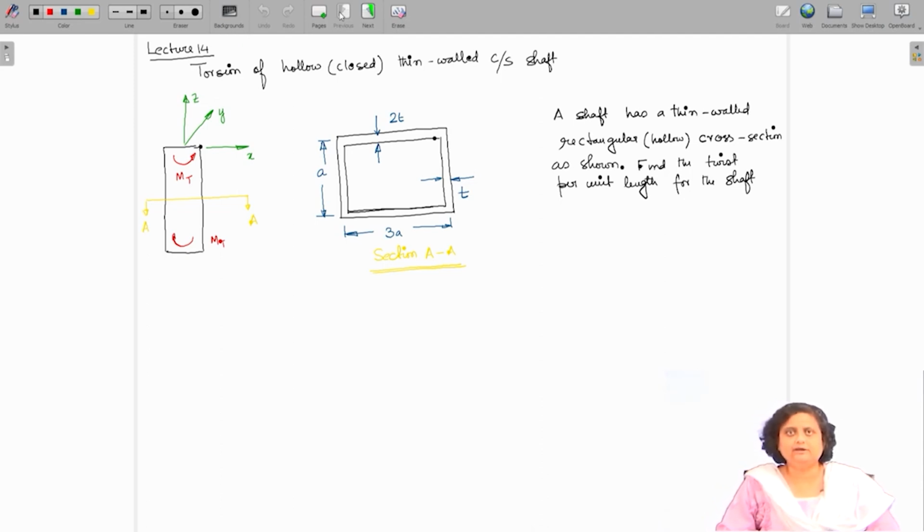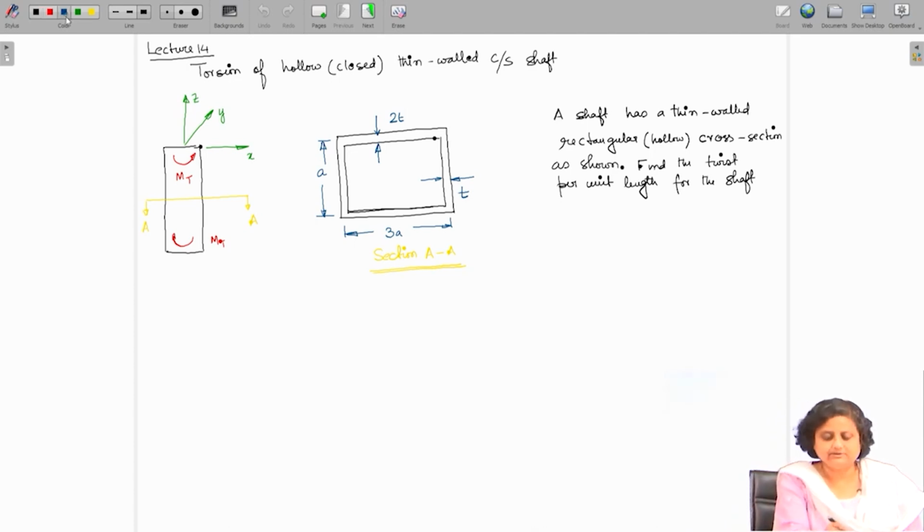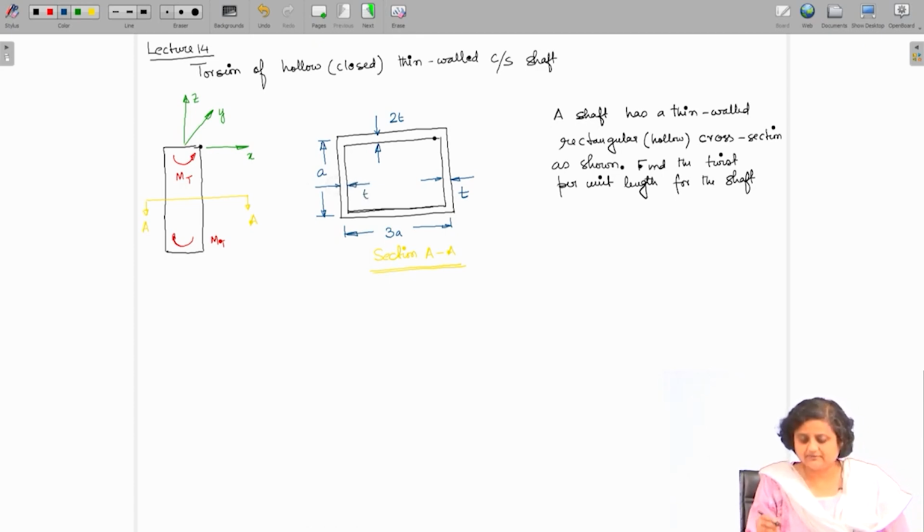The cross section is bisymmetrical: the side flanges, this one as well as this one, are of thickness T, whereas the top and bottom flanges have a thickness of 2T.